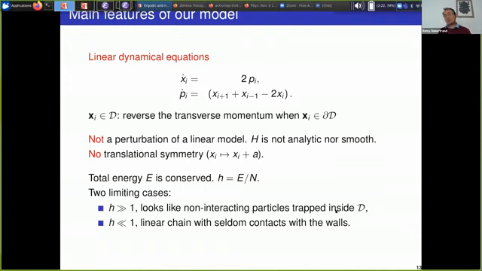So the interaction becomes less relevant, and we have almost independent particles trapped inside a potential well at each site. On the contrary, when the small h is much smaller than 1, we will have a free linear chain which will have seldom contacts with the wall.